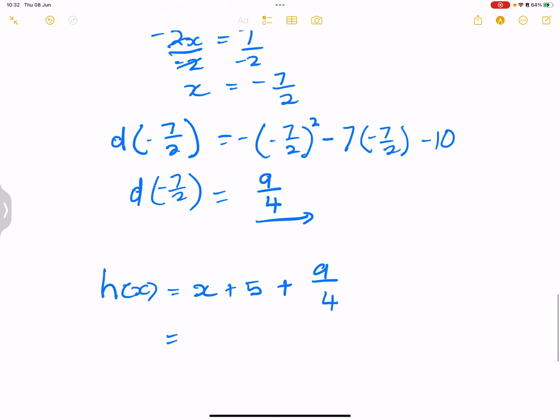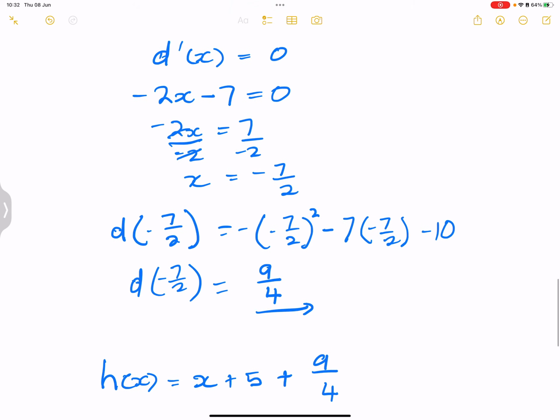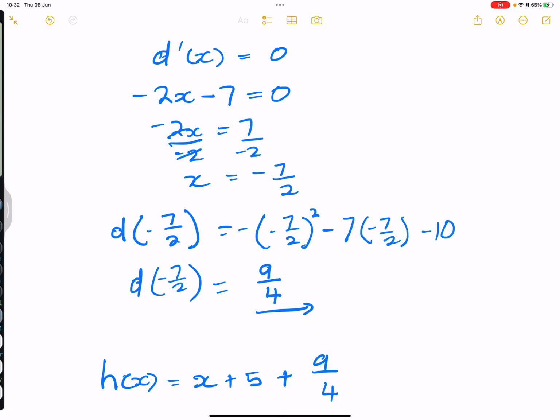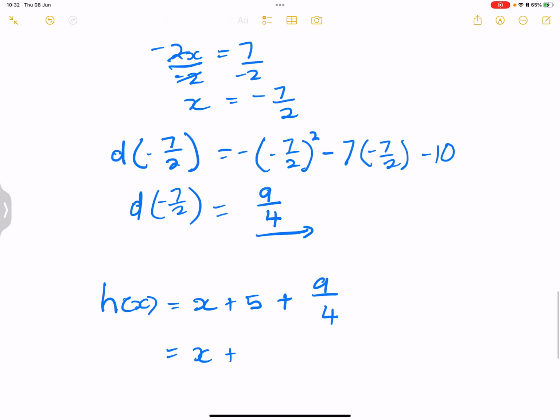So what we have there is x plus 5 plus 9 over 4. We can work that out on our calculator: 9 over 4 plus 5 gives us 29 over 4, or you can say 7.25. So that is h of x.